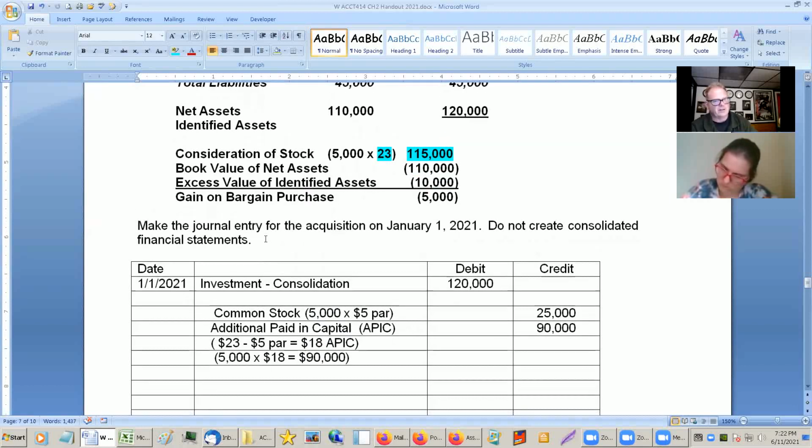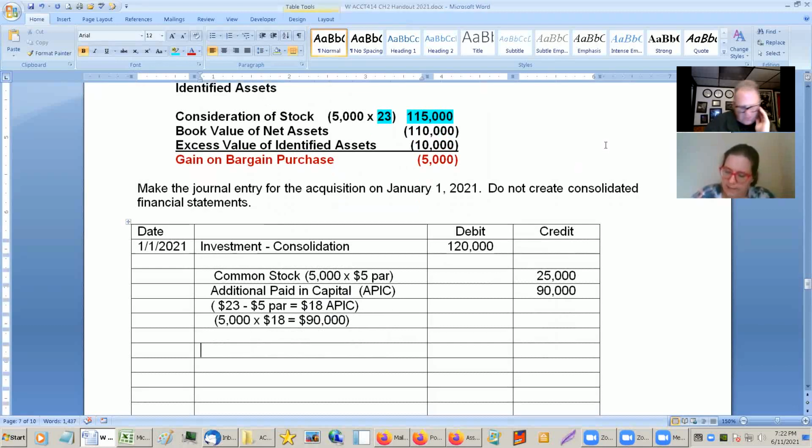It's the weird one we talked about. Oh, wait, is it because the investment consolidation is for 115,000, not 120? Yeah, this is gain. Oh, the gain, that's where the gain is. Okay, yep. I got you. And again, that gain is just one year, and it's done.